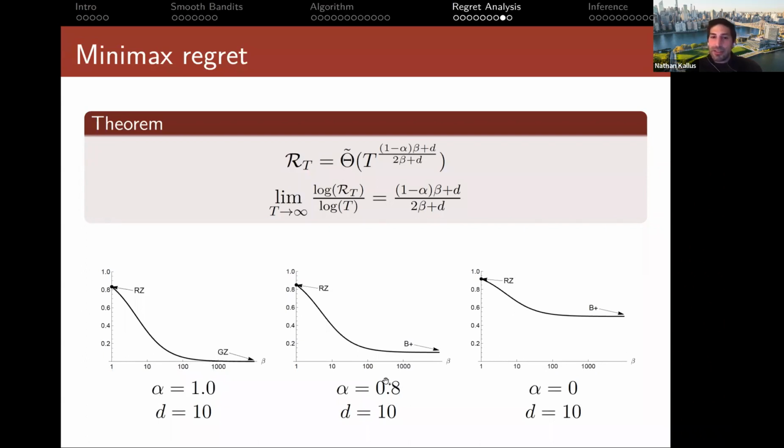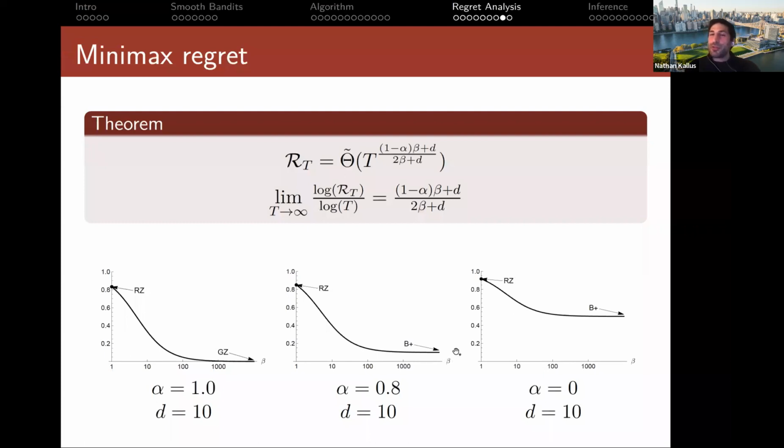When the margin is slightly less sharp, we get a similar curve, but slightly different because now alpha is different. When beta is equal to 1, this is exactly Rigollet and Zeevi's result. They studied a variety of alphas. As beta increases, our minimax regret gets smaller and smaller in terms of its leading exponent. And as beta grows infinitely, we get some constant.